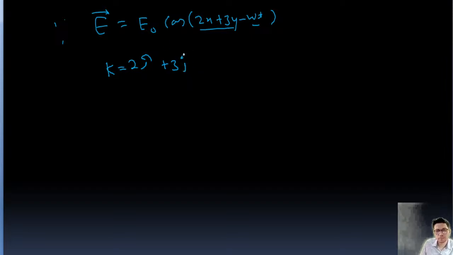Or with x cap and y cap we can also write 2 x cap plus 3 y cap. I'll write I cap, it would be better: 2 I cap plus 3 J cap.